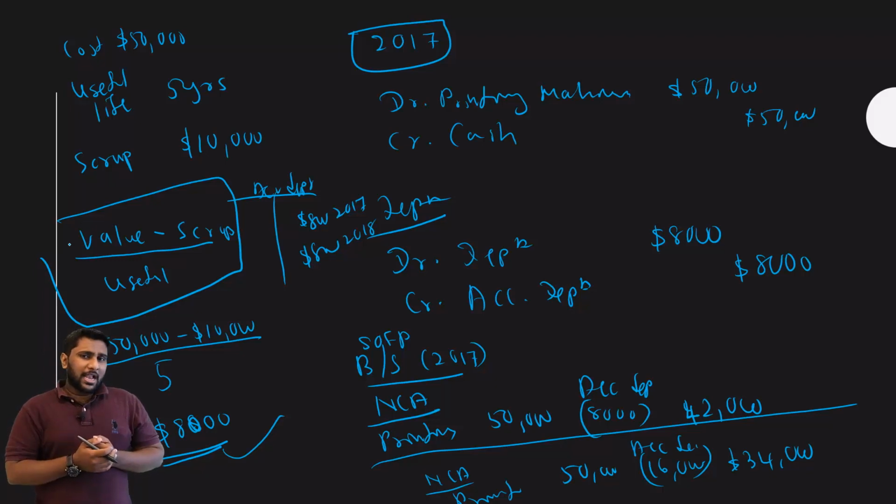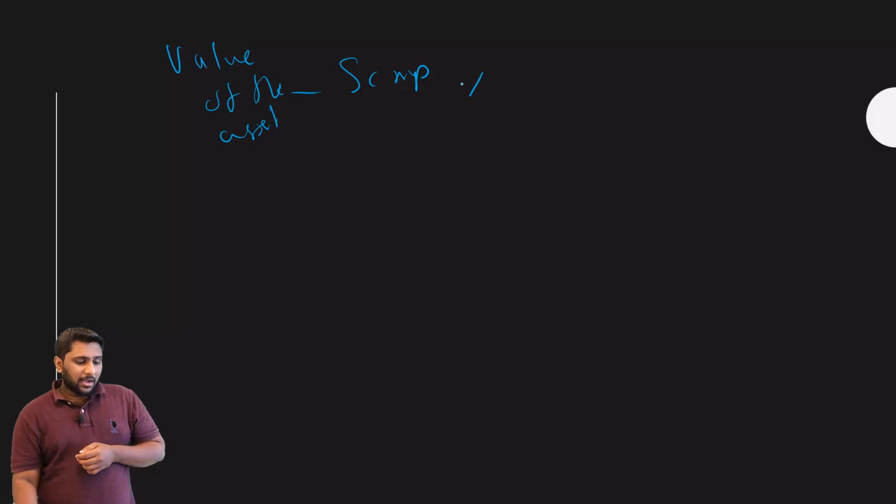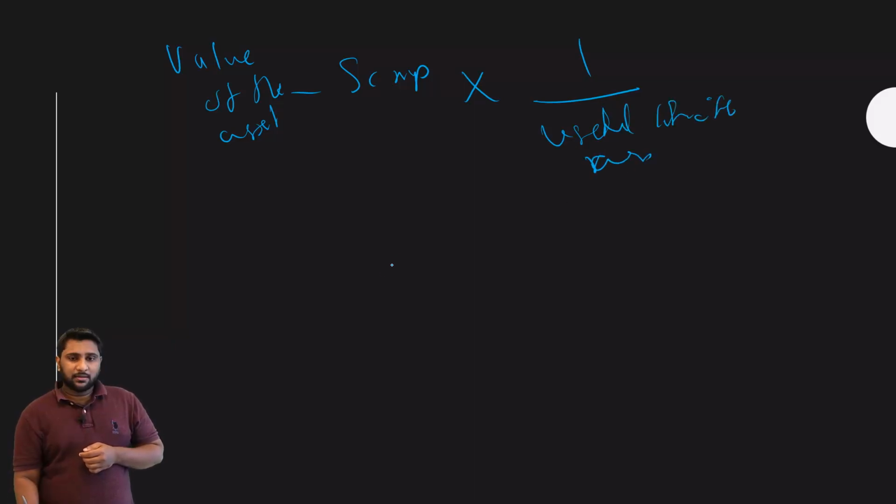If you want, you can calculate the depreciation per annum in another way also. I will explain that one as well for you all to get a better understanding, for the same question. What you can do is, you can take the value of the asset minus the scrap, and multiply this by 1 divided by the useful life of the asset. So value of the asset is how much? 50,000 US dollars.